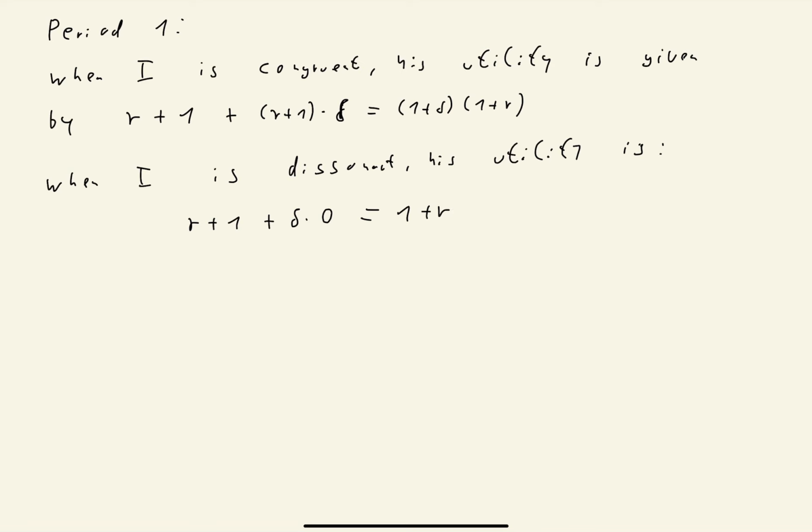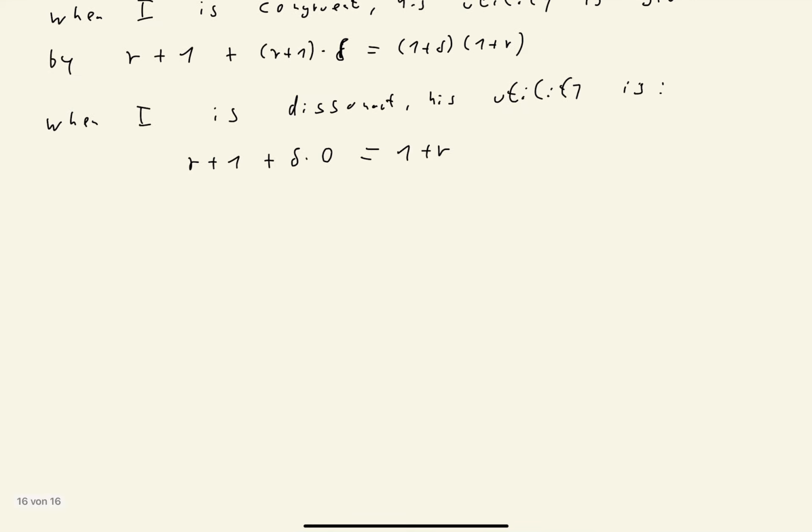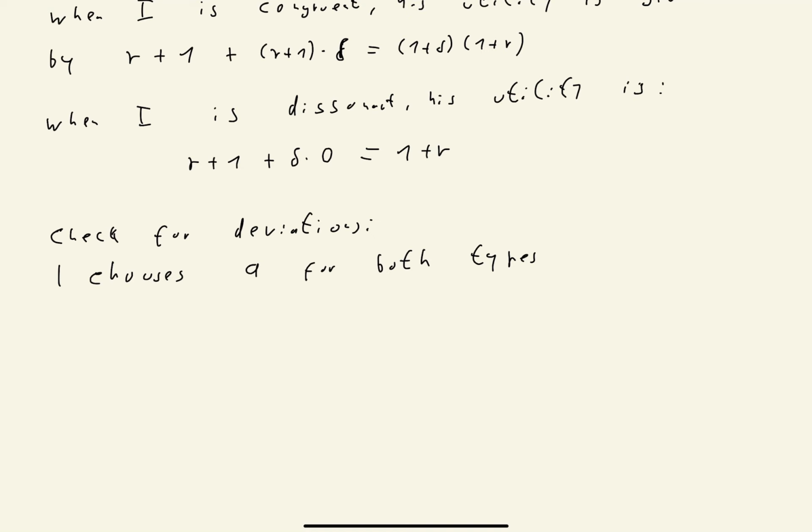Now, in order to verify that this is indeed optimal, we can consider deviations of the incumbent in the first period. So let us check for deviations. So I chooses A for both types in period 1.